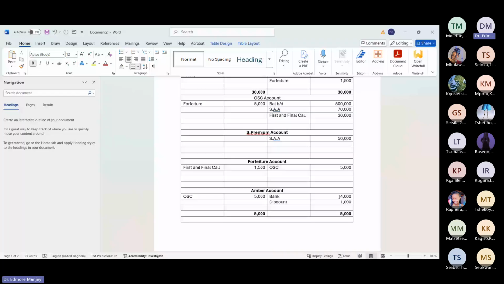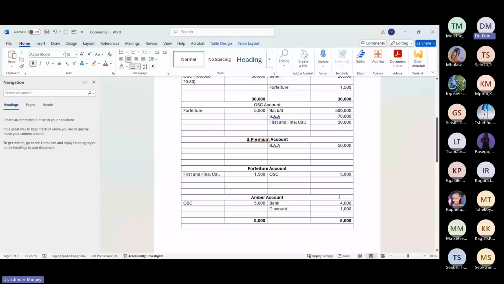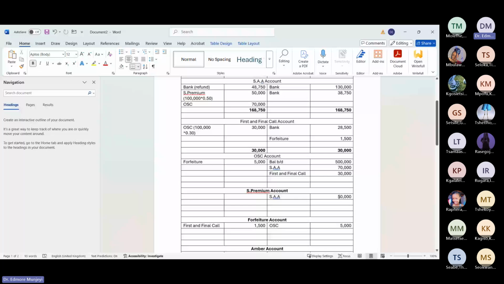The company issued the shares, and Ember is receiving 5,000 shares. Again, you know the concept: debit the receiver, credit the giver. So in other words, Ember is receiving 5,000 value of shares, but what he paid for those is 4,000. Then what happens? We discount it. That's the explanation that we need.